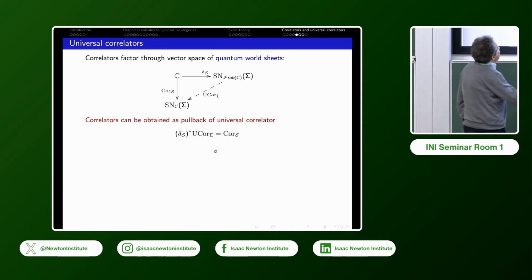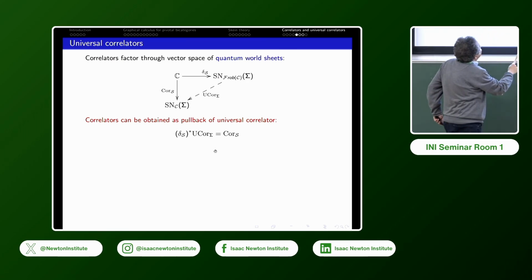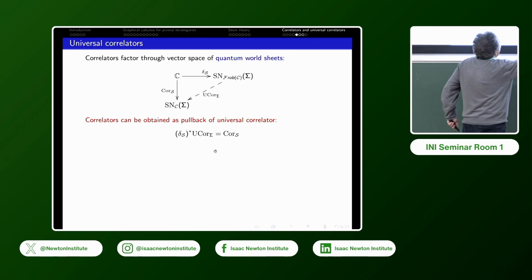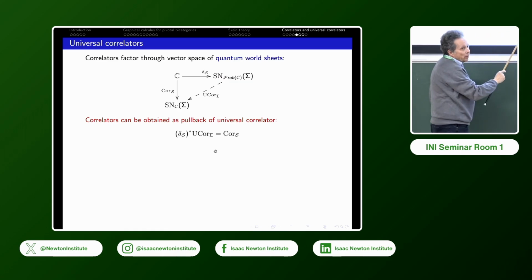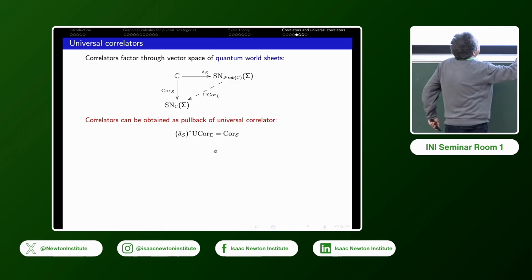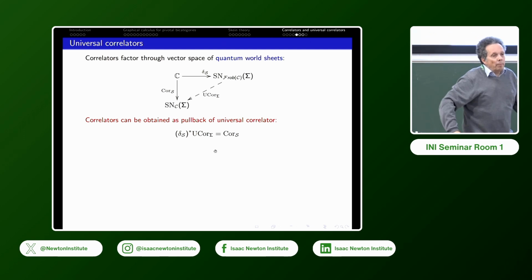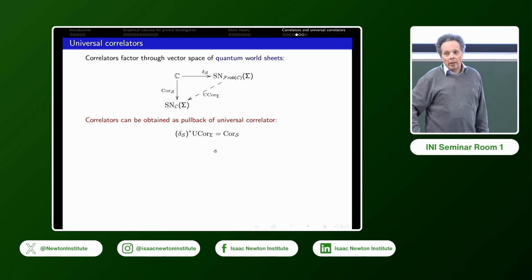Any correlator, which is a vector here, can be described in terms of a map which relates the string-net space for the defect data to the string-net space for the chiral data. So all this information on the correlators is hidden in this map, and this map is constructed from this Frobenius monoidal functor.